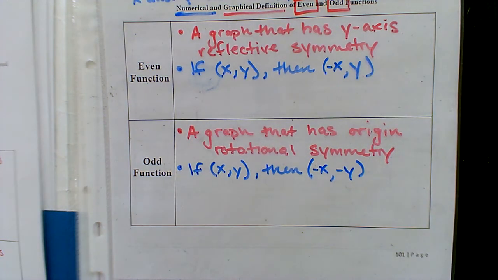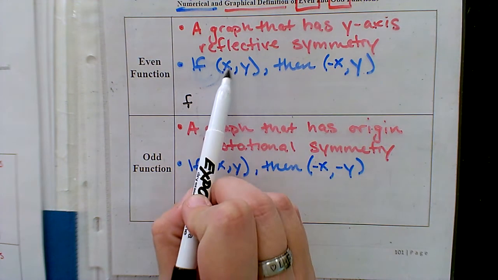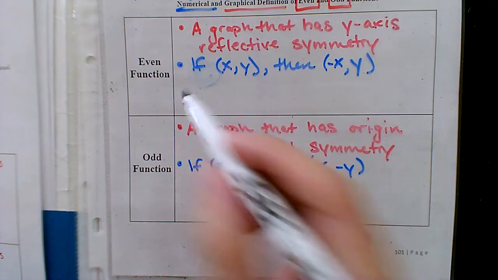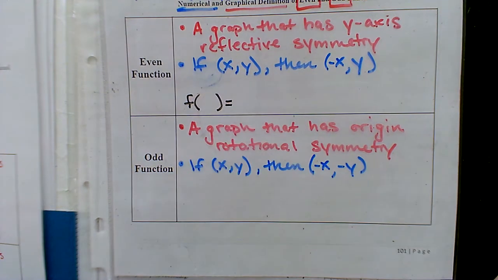Okay, so we're going to step it up a little bit here in terms of the algebra or the notation. Okay, let's see if we can think about this in terms of functions, equations. If I were to tell you the point x comma y is on the graph, how can we write that using function notation, meaning f of something?